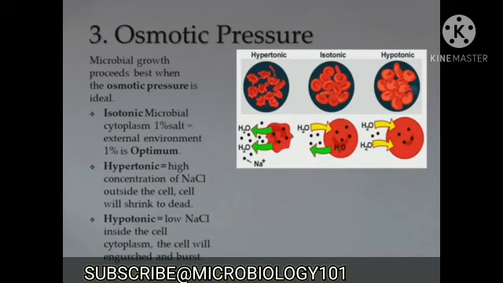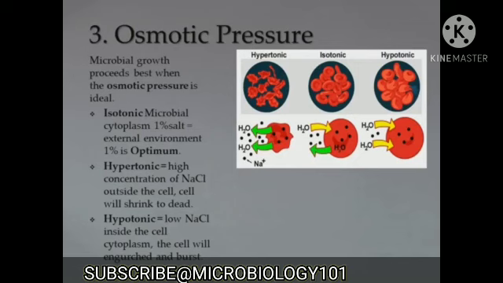However, in a hypertonic condition, where the sodium chloride outside the cell is much higher in concentration than in the cytoplasm, there will be migration of water from the cytoplasm to the environment of the cell, thus causing shrinking of the cell. In a condition where the concentration of salt within the cytoplasm is much higher than the concentration outside the cell, water will migrate toward the cytoplasm, and the cell will engorge and subsequently burst.